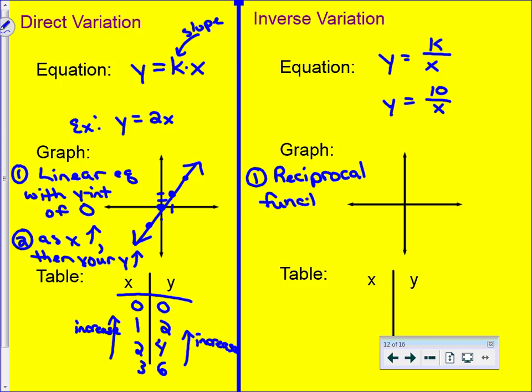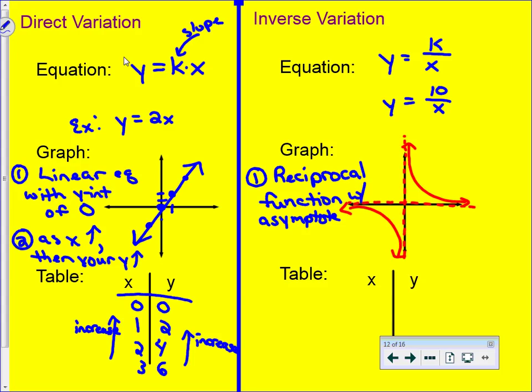The reason that we have a reciprocal function is that we have an asymptote that is created here. So if we're looking at that graph in some way, shape, or form, we hopefully remember from our family of functions that we have, voila, your reciprocal function that in this case has an asymptote at 0, both on the x and on the y.